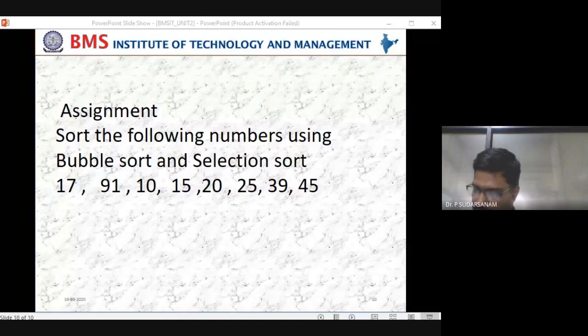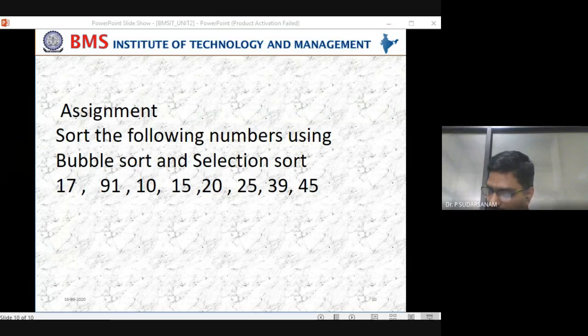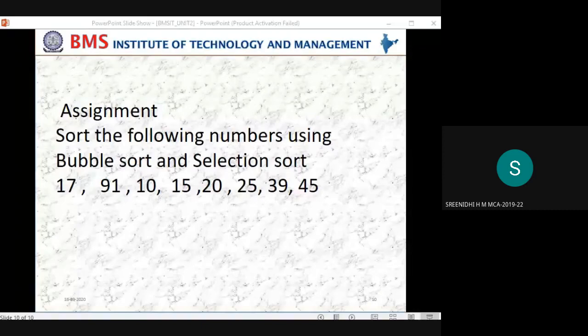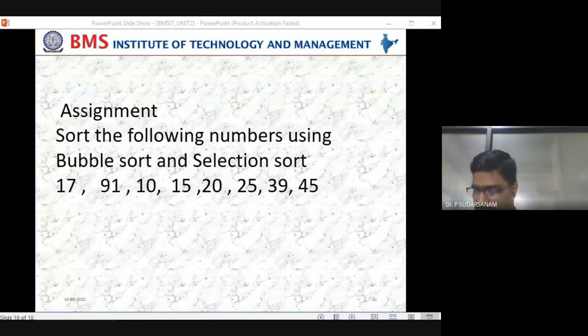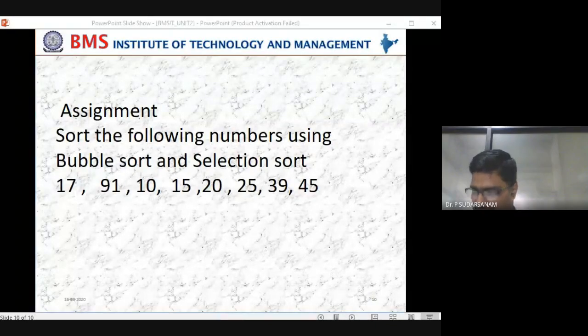Sneha present. 17, Shruti. 17, present, sir. 18, present, sir. 19, present, sir. 20, present, sir. 21, present, sir. 22, present, sir. 23, present, sir.